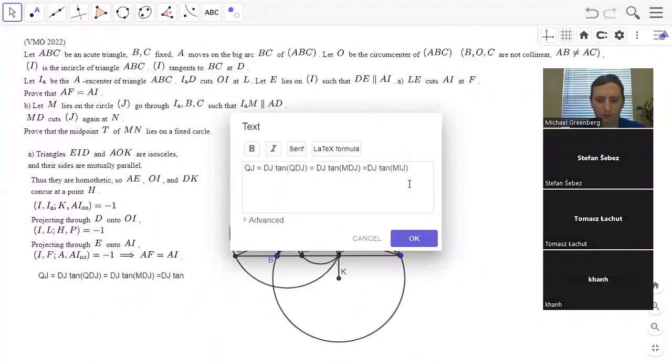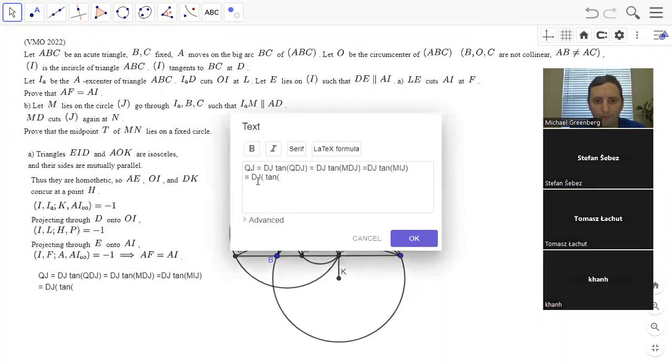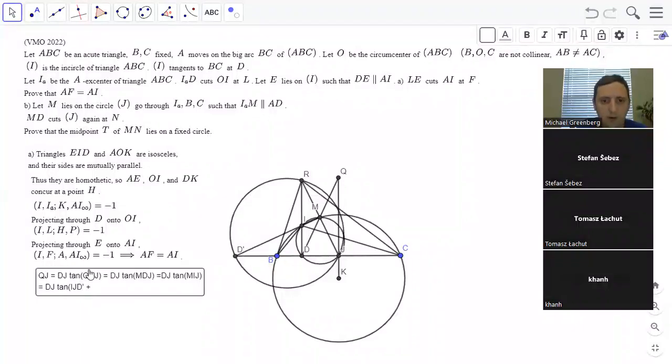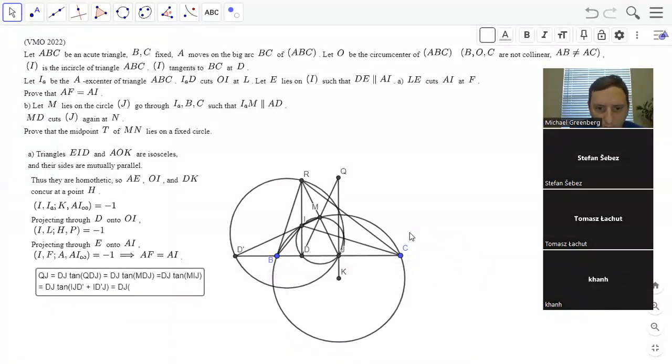And MIJ, which is equal to DJ times tan of IJD prime plus ID prime J. And this is equal to DJ times, so this would be ID over DJ.